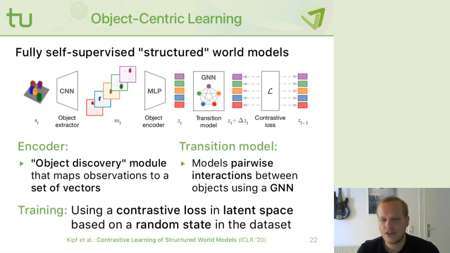And another advantage of this model is that it can be trained directly in latent space without any decoding or reconstruction taking place. And this allows the model to avoid modeling task-irrelevant details. For example, for certain prediction tasks, it might not be necessary to model colors, background, or patterns of objects, but we just care about their dynamics.